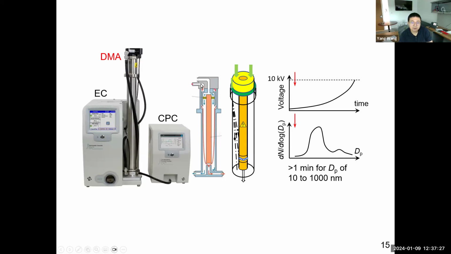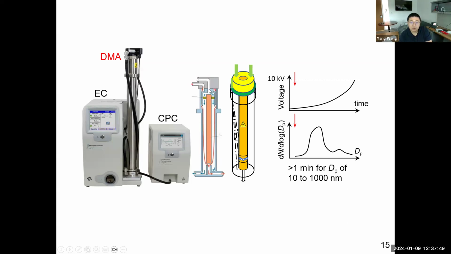You can introduce the aerosols from the side of the outer cylinder, so they get introduced into the gap between these two cylinders. At the same time, a clean, particle-free sheath flow is introduced into the gap between these two cylinders. The sheath flow will normally have a much larger flow rate compared to the aerosol flow.